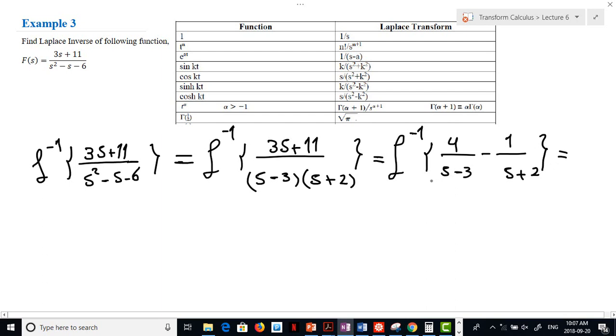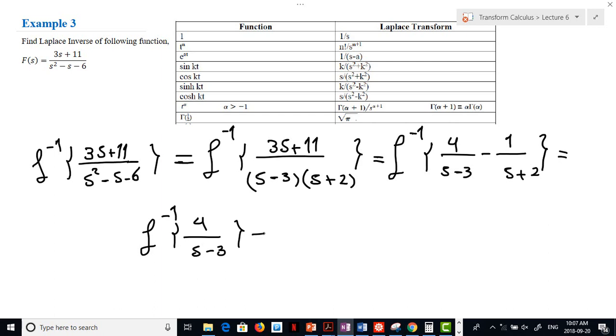So now I can easily find the Laplace inverse of 4 over s minus 3 and 1 over s plus 2. So it's equal to the Laplace inverse of 4 over s minus 3 minus the Laplace inverse of 1 over s plus 2. So I can factor out these 4, so I just put it here in order to simplify it.